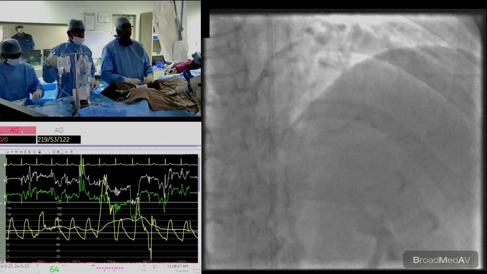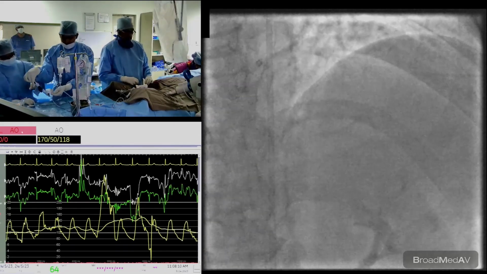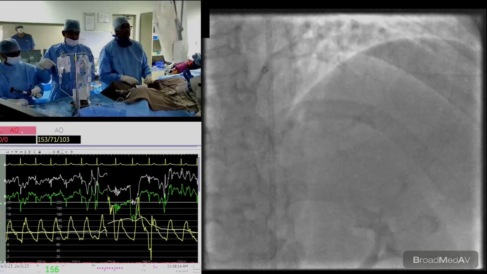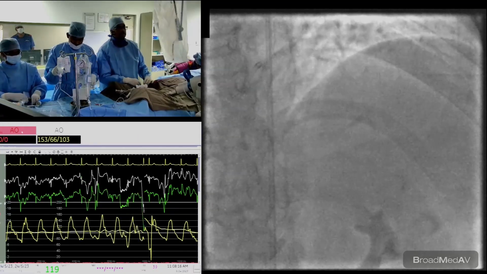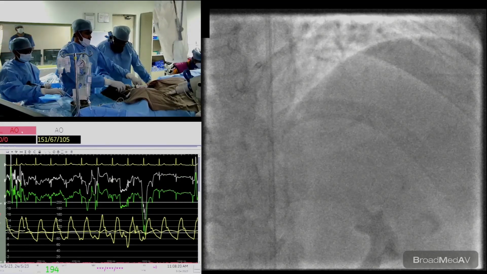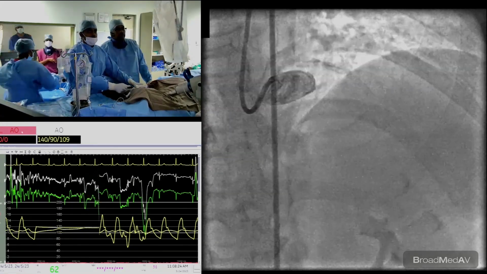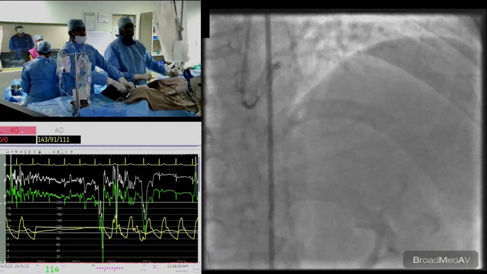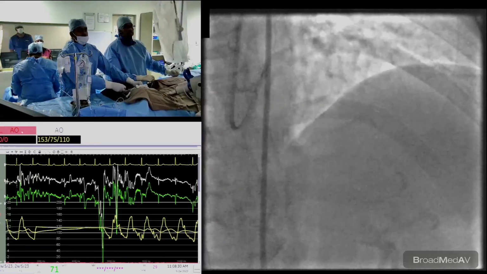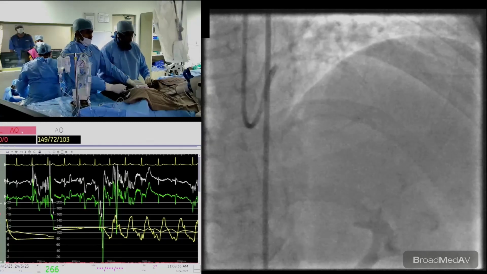Let me just have a check first and then we'll do. Okay, let me take a cine first. We did a bifurcation, check a shot. And small check. Good.